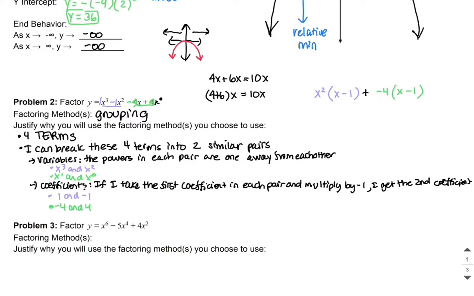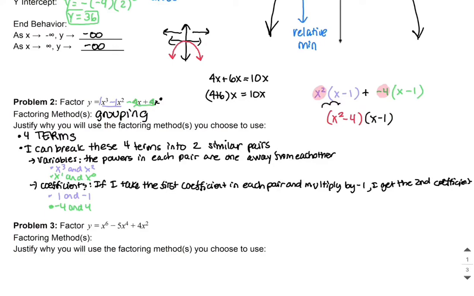So in this example, I have x squared of x minus 1, and I have -4 of x minus 1. So I have a total of x squared minus 4 of x minus 1. And every time I say of, that means multiplication. I'm multiplying these two things together.